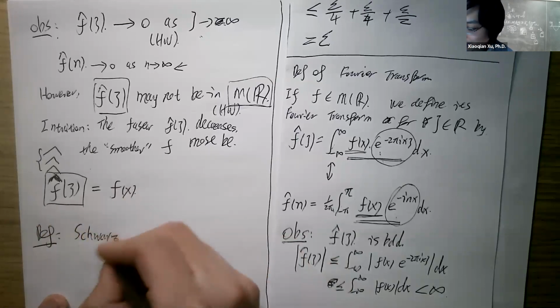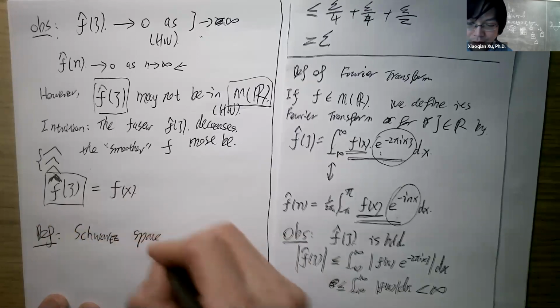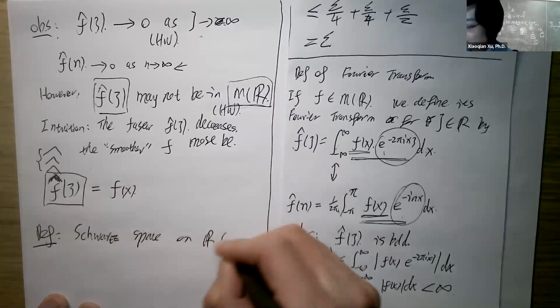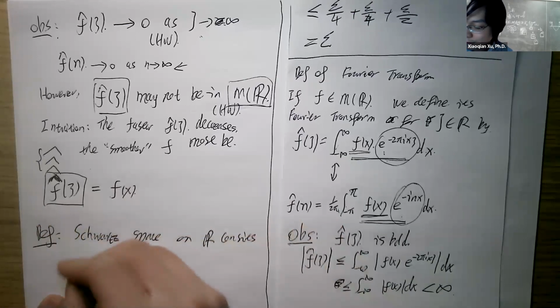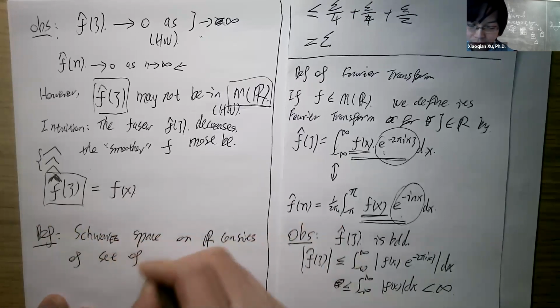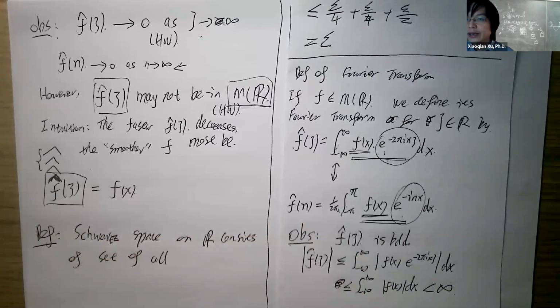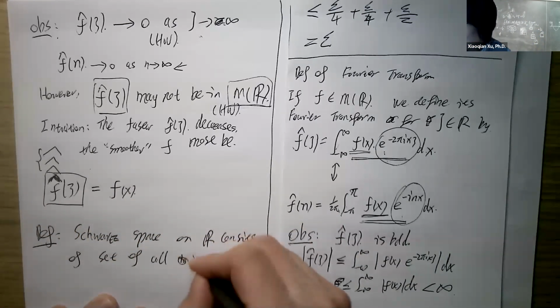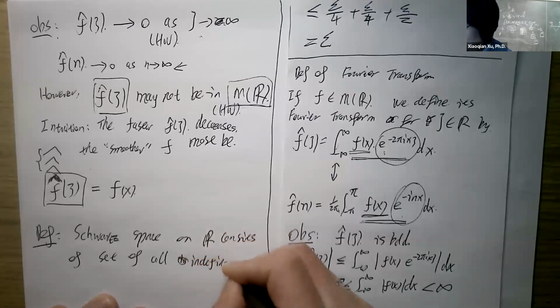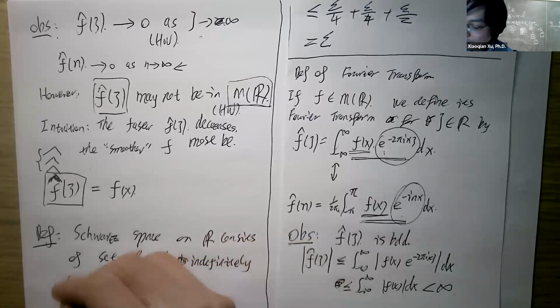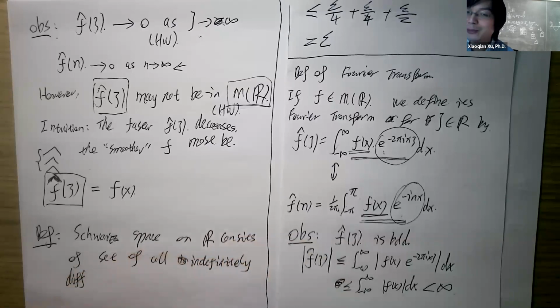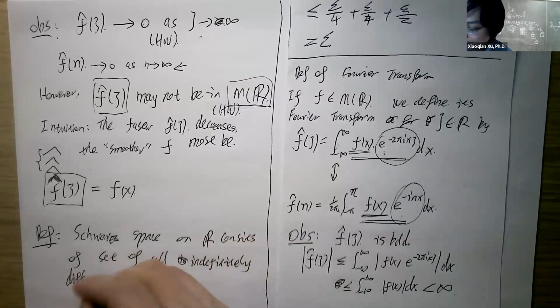The Schwartz space on R consists of the set of all the functions which are infinitely differentiable, which sometimes we call smooth, or indefinitely differentiable, which means you can differentiate infinitely many times and you still get something differentiable, okay?